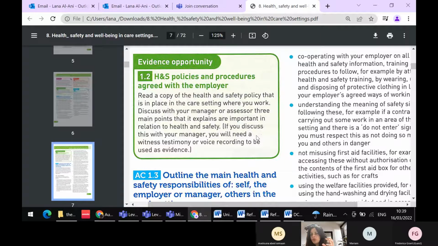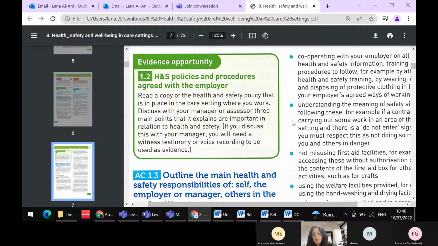And a procedure, a step-by-step process of how we can follow the policies exactly. And why do we have them? We have the policy and procedure to protect ourselves, to maintain a healthy and safe environment, and to protect others from any injuries and accidents.